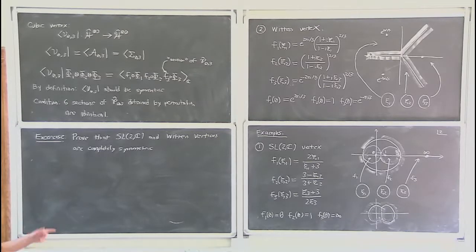Well, Witten is obviously cyclically symmetric. It may also be obvious to you that it has full permutation symmetry. The reflections about the x-axis give rise to a different permutation. Yes, but you have to use global SL2C to prove this.